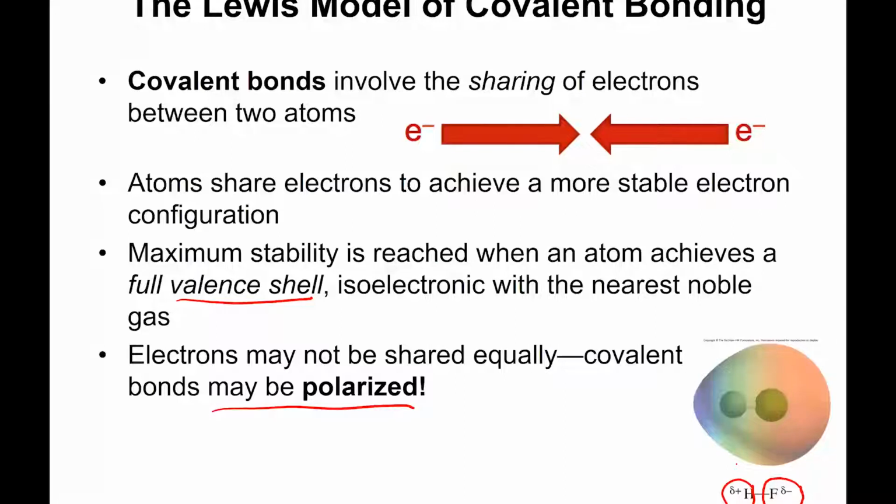So even though it is a shared bond, it's not shared equally. It's not a full ionic bond in which the electron is completely given away to the other element, but instead the density is shifted.